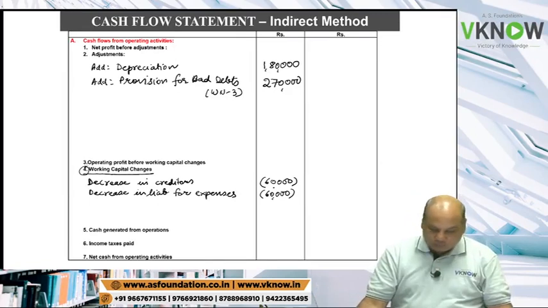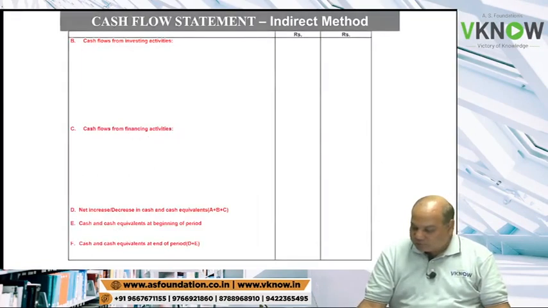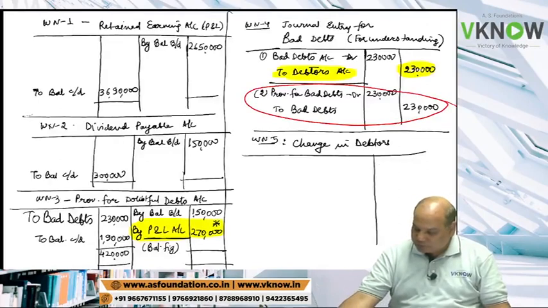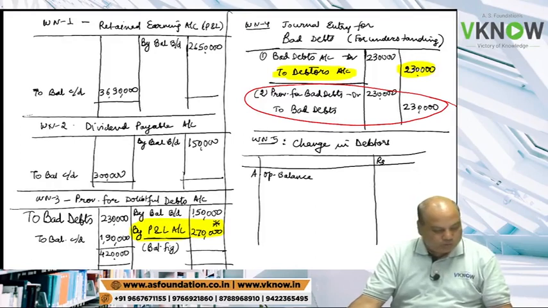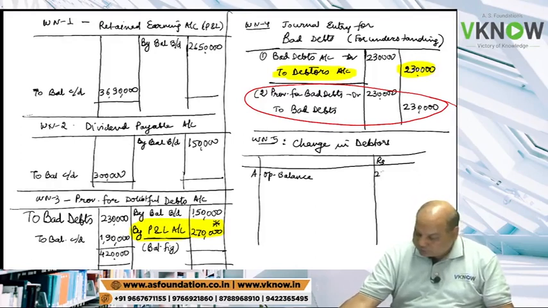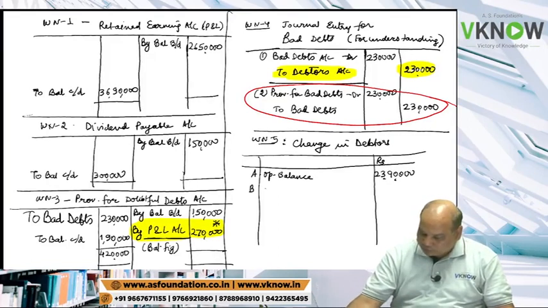Okay. And what about debtors? Working note 5, debtors. Right hand side rupees. First point A, opening balance. Opening balance of debtor was 23 lakh 90,000. So you see the first entry here on the screen.